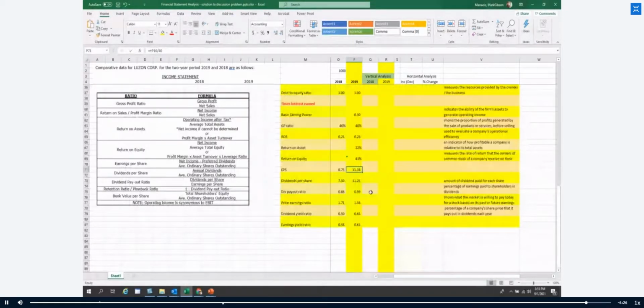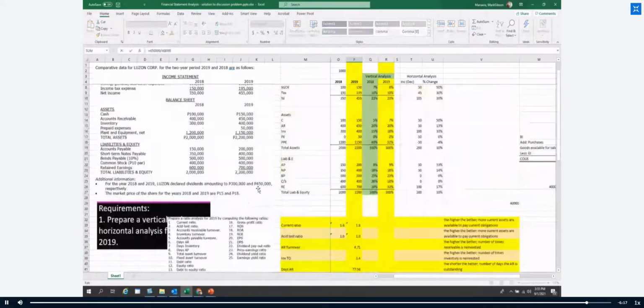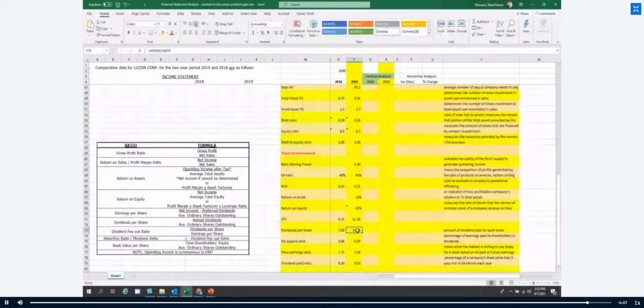Okay, next we have the dividend per share. How much is the dividends? It's given. In 2019, Luzon paid dividends of 450,000 divided by, of course, the number of shares. So per share, this is the amount of dividend paid. So 11.25.